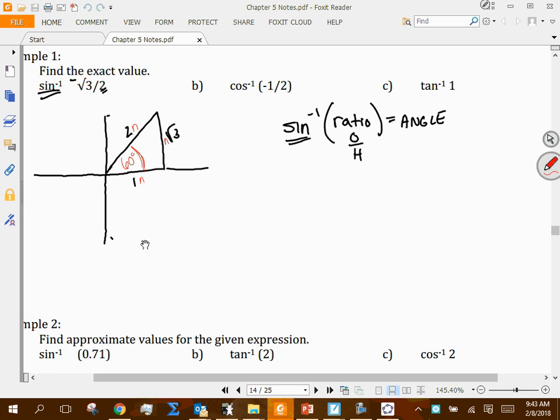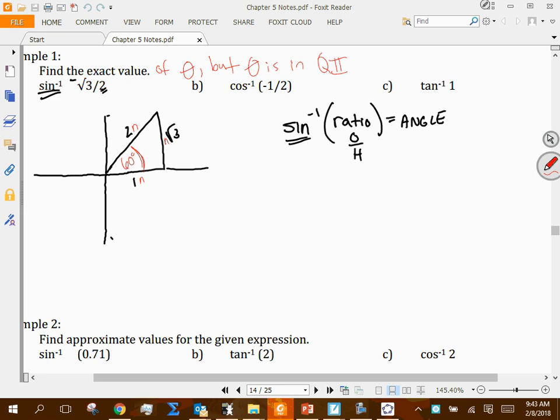Is that all right? Now here's my issue, and this is going to be the issue that you also find later as well. We just found theta. So the question might say, find the exact value of theta, which we did. They might give you extra information that says, but theta is in quadrant 2.